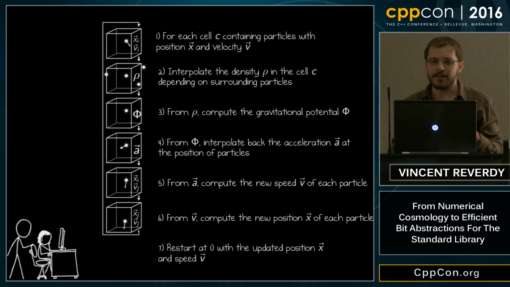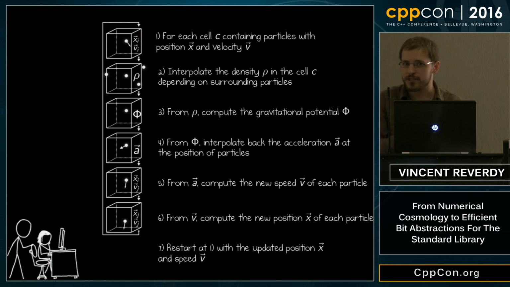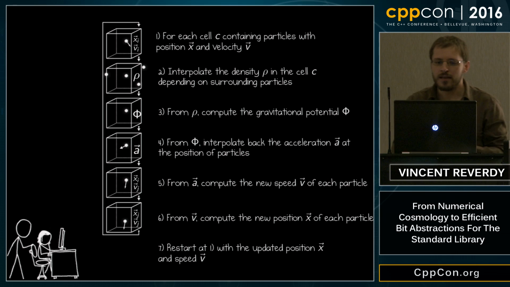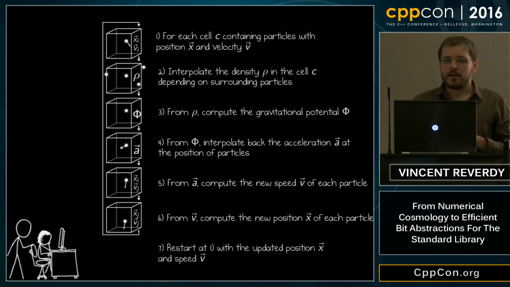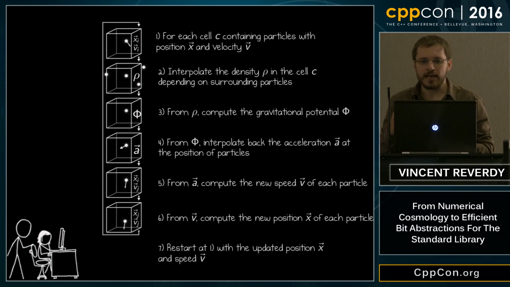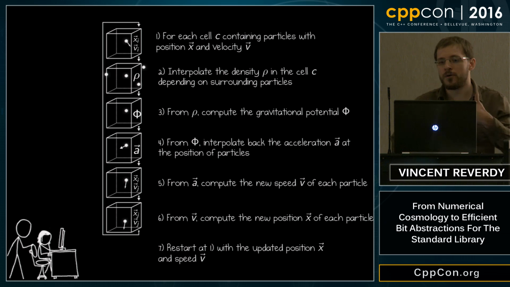For each cell that contains a particle at position x and velocity v, we first start by interpolating the density, calculating the density rho in each cell, depending on surrounding particles. From this density rho, we can compute the gravitational potential phi, because the more mass you have, the greater the potential will be.